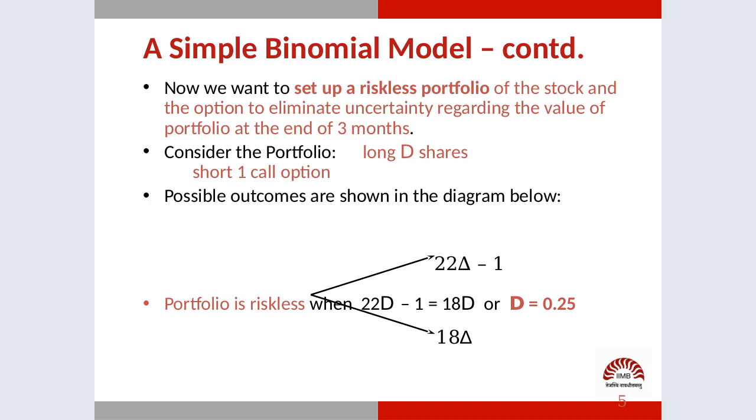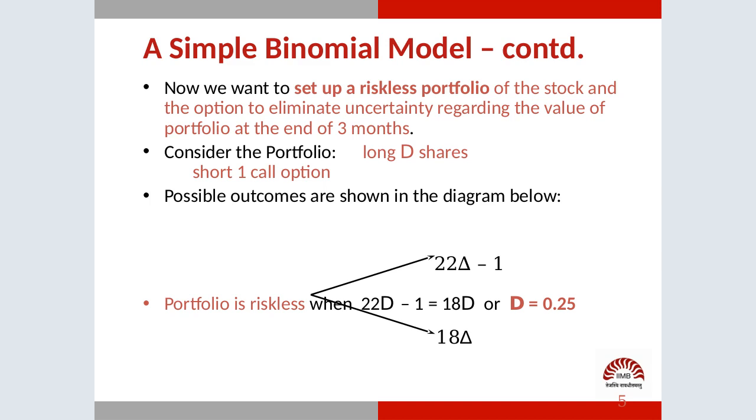So the value of the portfolio becomes 22 delta minus 1. When it goes to 18, I still have delta shares, so that is worth 18 delta, but the option payoff is 0, so essentially it's 18 delta.